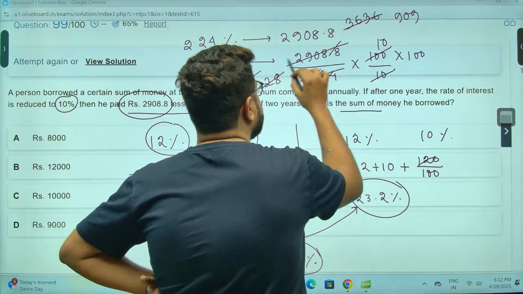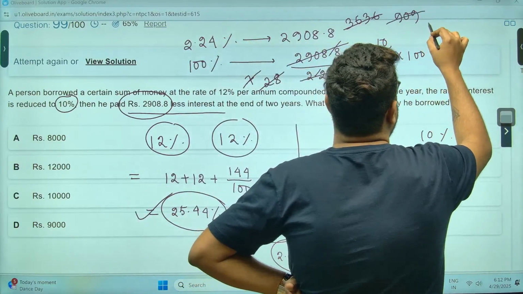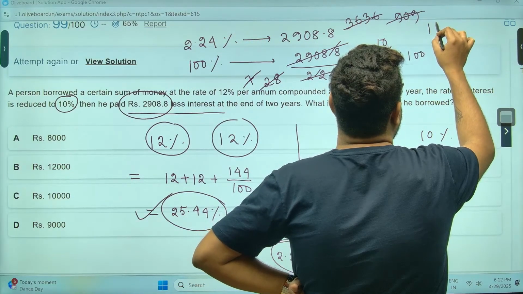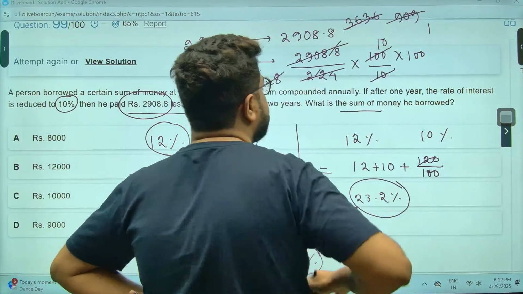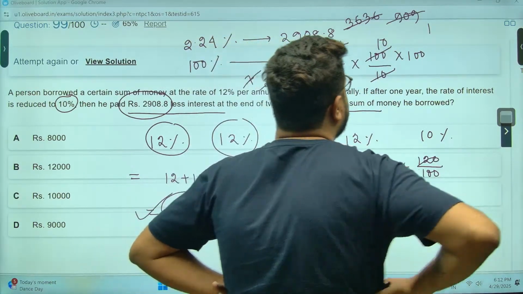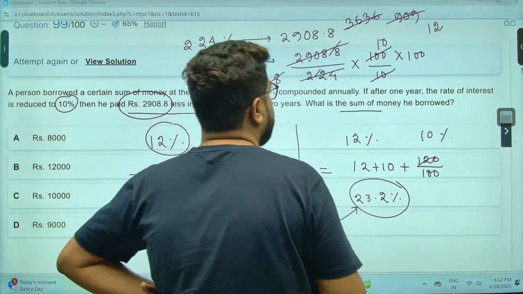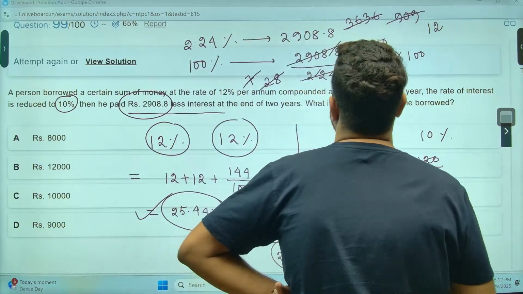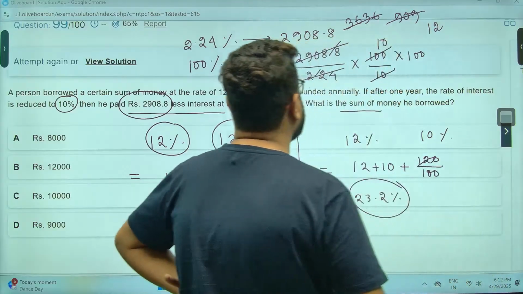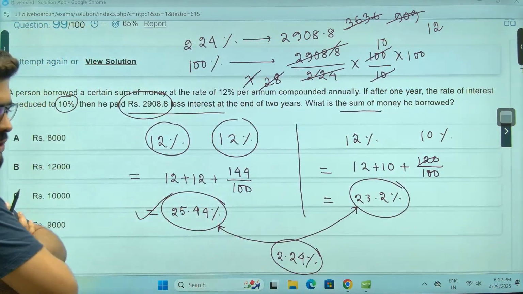By 7 it will go. 7 1s are 7. 7 2s are 14. No, this is not divisible. Huh? Am I doing any mistake? Am I doing something wrong?